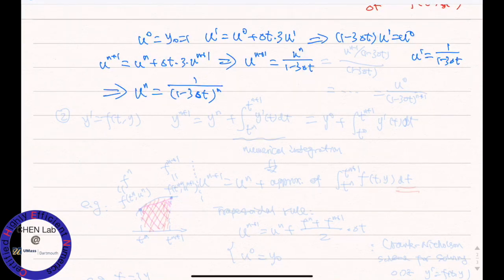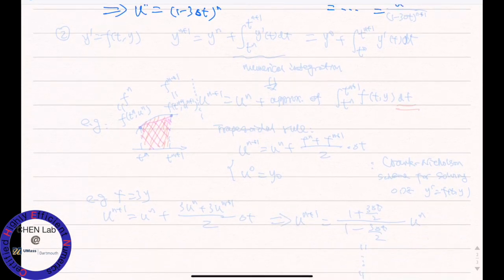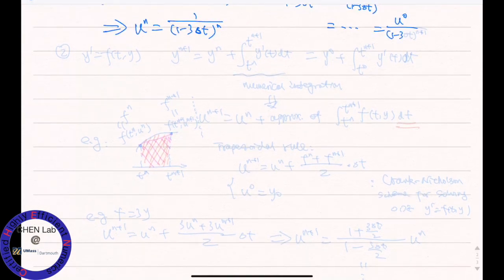This guy is u_{n-1} divided by 1 minus 3 delta t, the whole thing divided by 1 minus 3 delta t. And u_{n-1} is u_{n-2} divided by 1 minus 3 delta t, and so on and so forth. In the end, it becomes u0 divided by (1 minus 3 delta t) to the n plus 1. We'll talk about u_{n+1}.